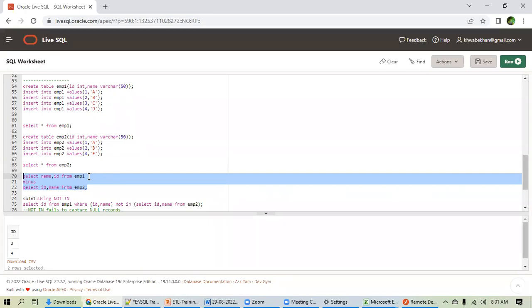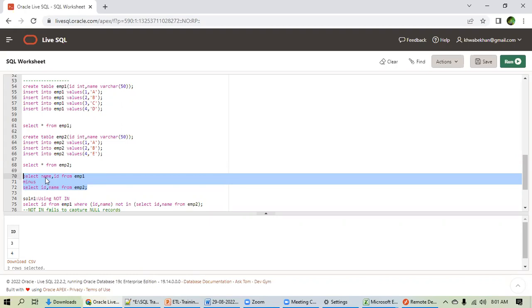So now if I execute this query, what should be the output? I think error. Why will it give an error? Because of the mapping: it will match name with ID, and that value will not match. Good, perfect.